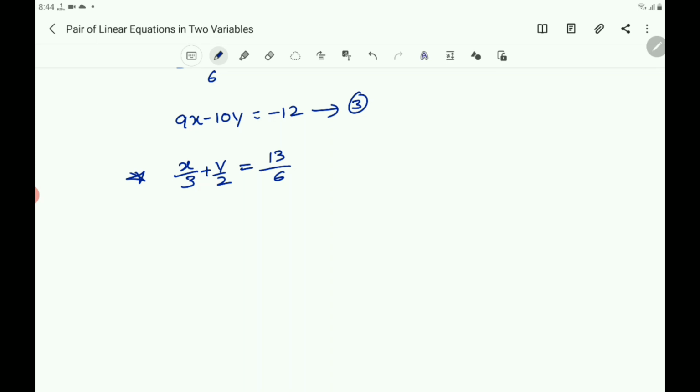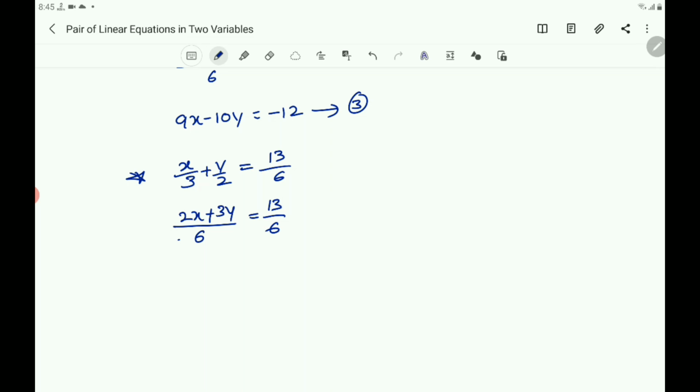Then you write 6, 3 2s are 6, 2x, plus 2 3s are 6, 3y, equals 13 by 6.